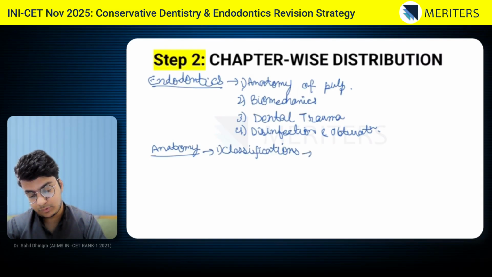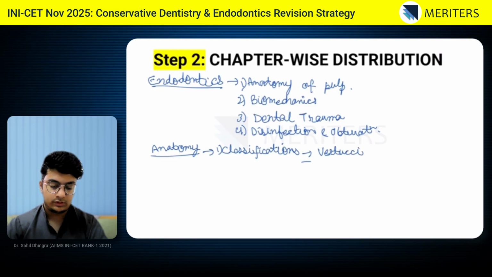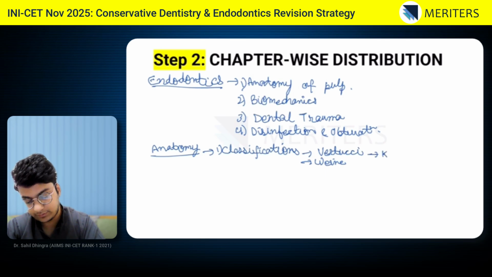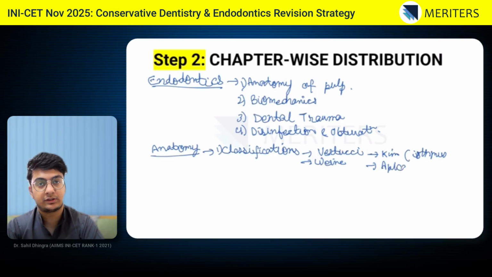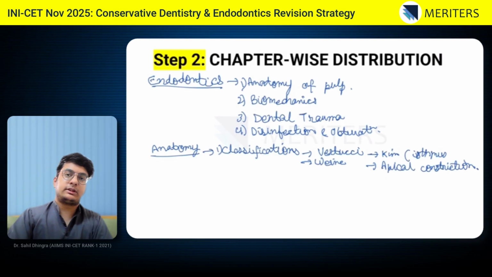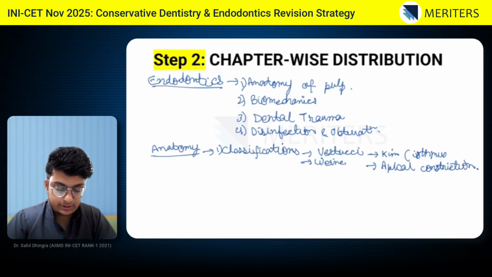Now, in this, the important classifications are your Vertucci, your Weine's classification for the root canal morphologies. Other than this, we have the Kim's classification for isthmus, classification for your apical constriction, so these classifications are one of the most important in this chapter.